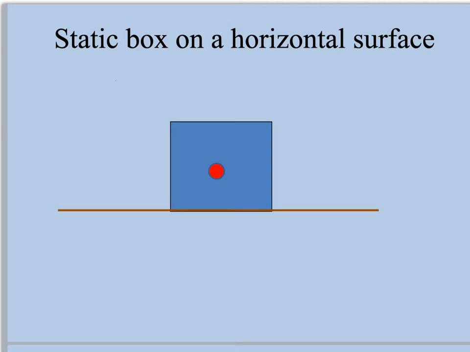The first vector you usually draw with free body diagrams is the weight vector. There are lots of different ways to abbreviate it. I usually use FW when I write it. You could use mg because FW is equal to the mass times the acceleration due to gravity.